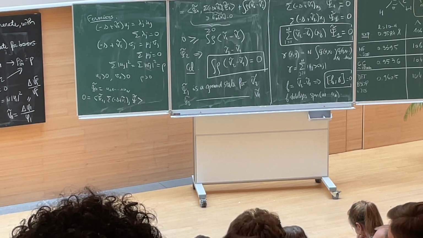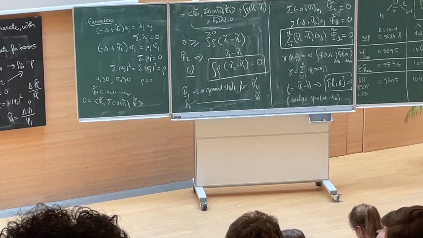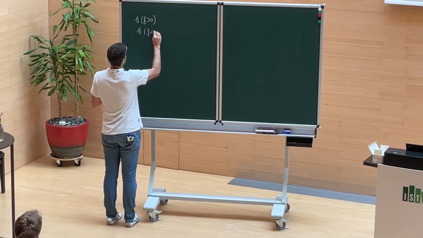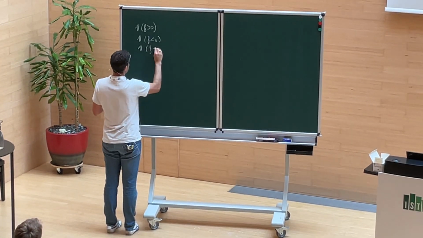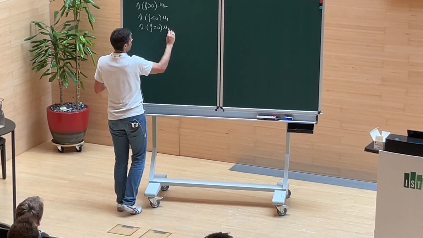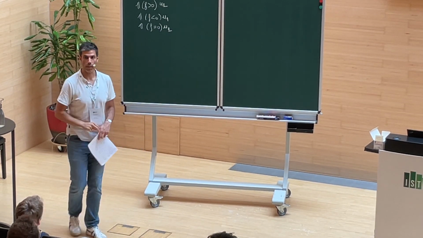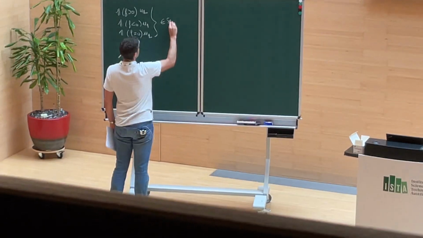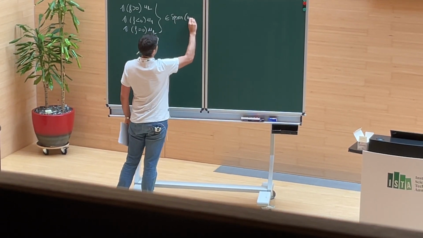Okay, so I conclude, for instance, that the one where f is positive also stabilizes my space, and the same for the one where f is negative, and also the one where f is 0. But let me put u1 here, the guy which I know is strictly positive. So you see, I know that these three functions belong to the span of u1, ..., un.